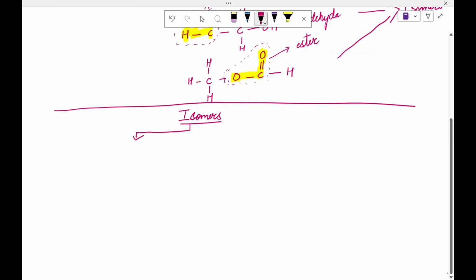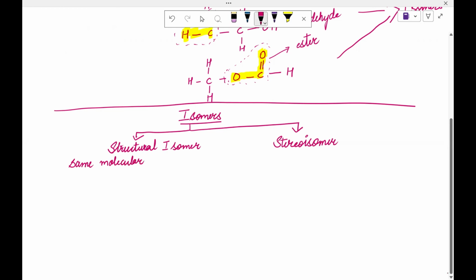The one is structural isomer, and the other one is stereoisomer. For structural isomers, the definition is that they have the same molecular formula but different structural formula.